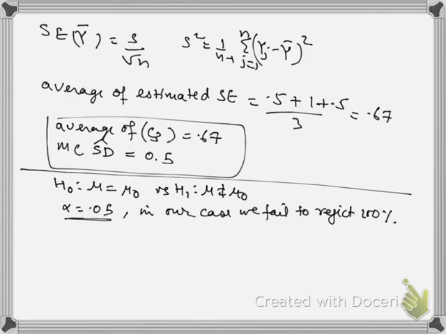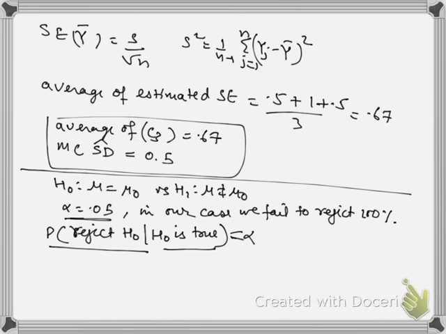Alpha 0.05 means the probability that you reject H naught given H naught is true. So the probability that we reject H naught given H naught is true in our case is 0, whereas alpha is 0.05, so it's pretty far away. So this is the achieved alpha, or Monte Carlo estimate of alpha.